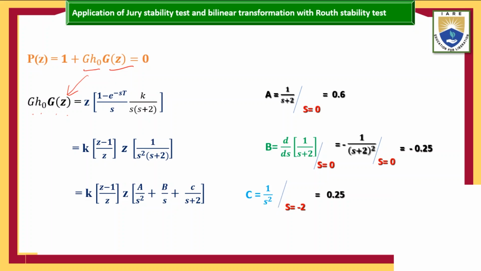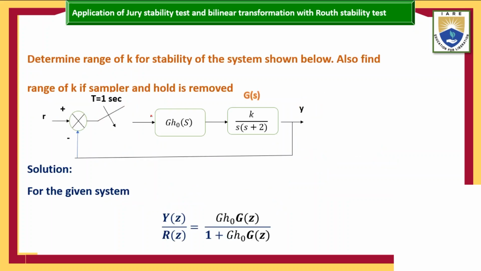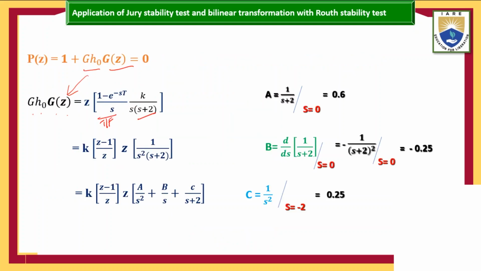This first term is the zero order hold device transfer function, and in the problem they gave one system function, k by s into s plus 2.